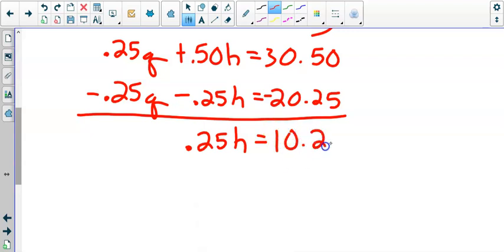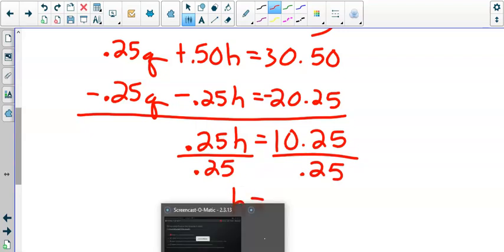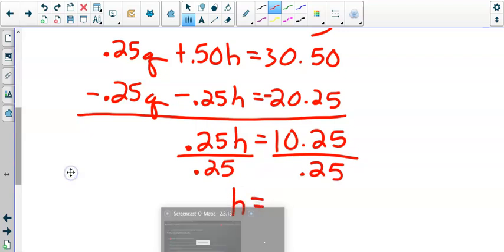Perfect. And now what are we going to do? Divide by 0.25. Good. So H is equal to, and this should come out to a nice, neat number. Say it again. 41.